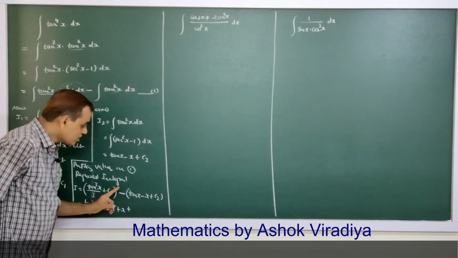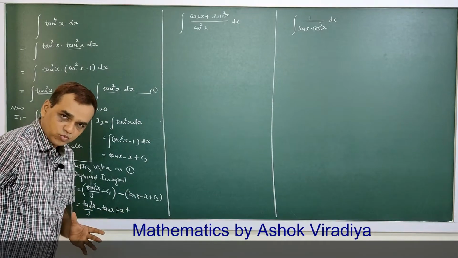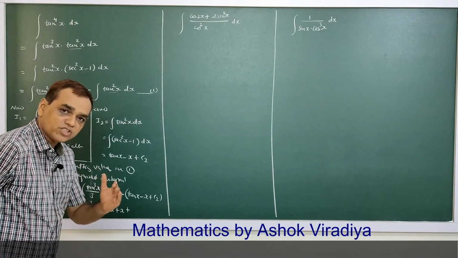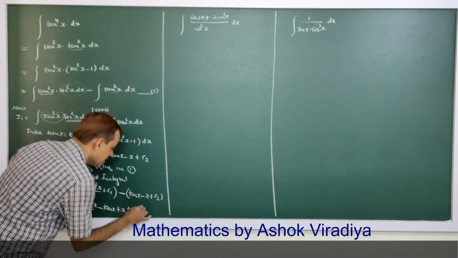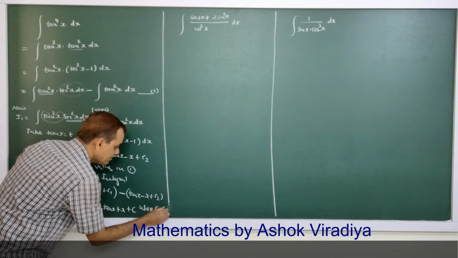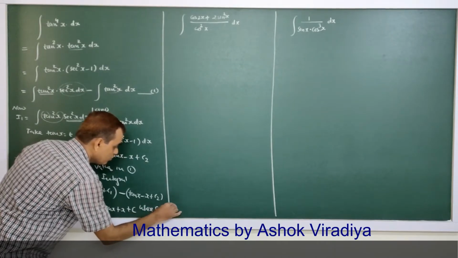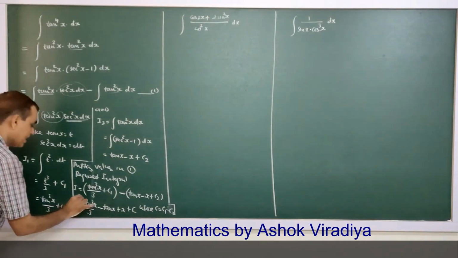C1 is constant, C2 is constant, constant minus constant is a constant. So put plus C, where C is C1 minus C2, it is arbitrary constant. So this is the required integral.